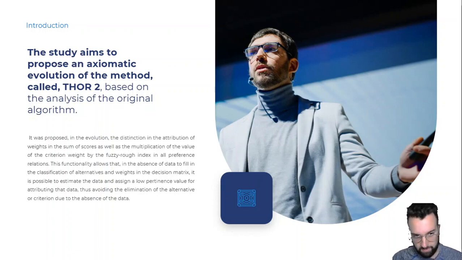In all scenarios where the estimated data was used in conjunction with the pertinence function, the ranking was kept in line with the ranking in the initial situation. However, when it was decided to exclude the criteria, the ordering was different from the ordering in the original situation. Okay? Well, so here we have the evolution of the method THOR.